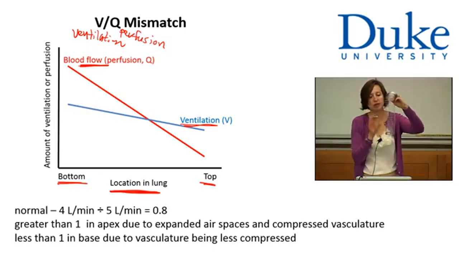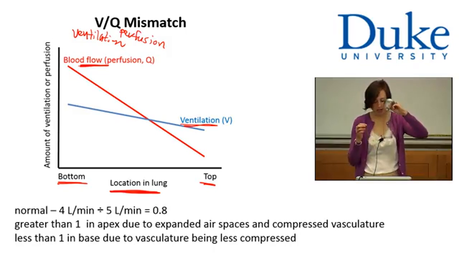And because of that, the ventilation is decreased at the top of the lung and increased at the bottom of the lung. That's what we see on this graph, where ventilation is greatest at the bottom of the lung. It's not a huge effect with ventilation, but it is an effect.